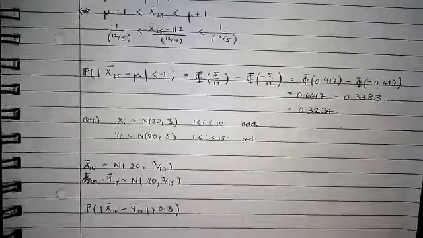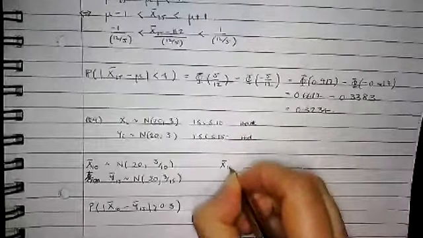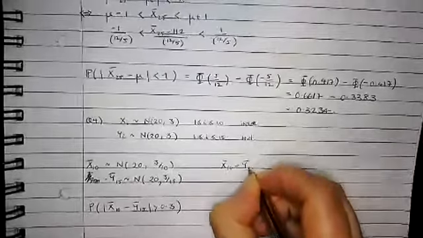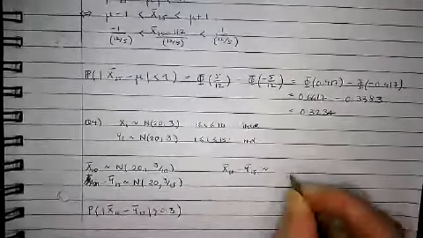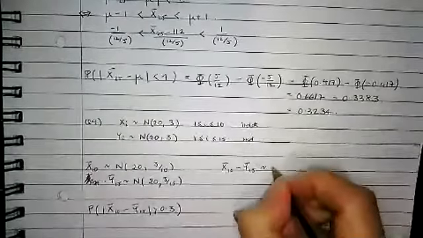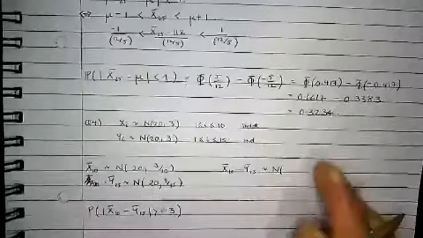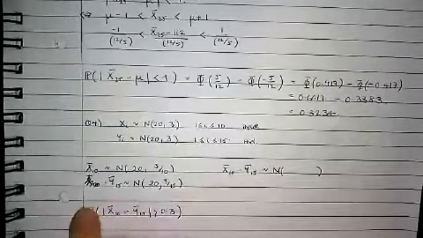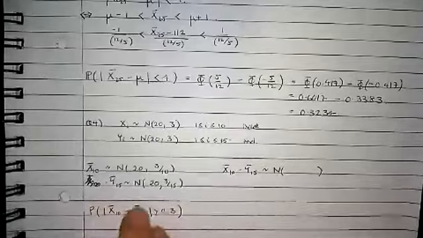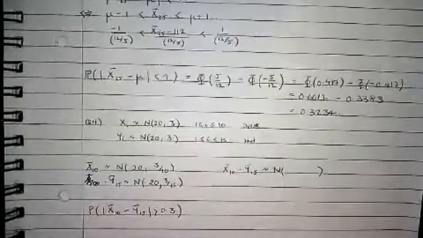You will also need to think about the distribution of x bar 10 minus y bar 15. My hint is that we're dealing with normal distributions, so it's still a normal distribution. That will help you expand this in terms of the CDF of the normal distribution with parameters 0 and 1.